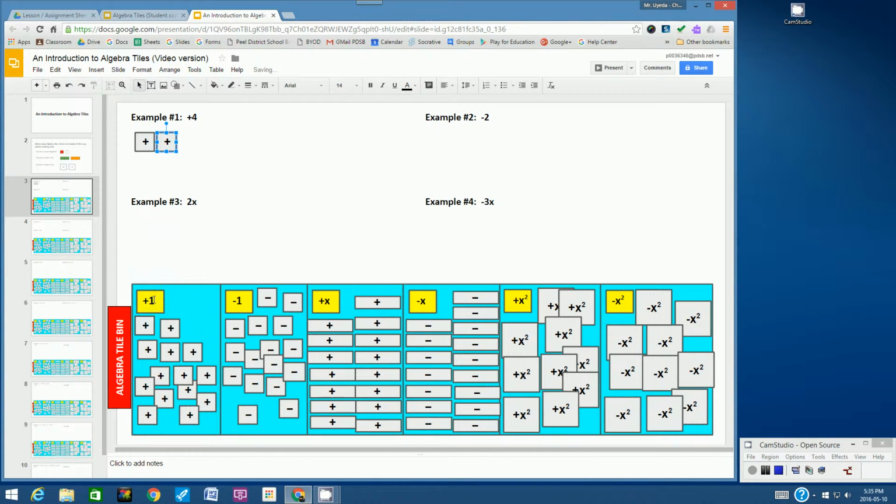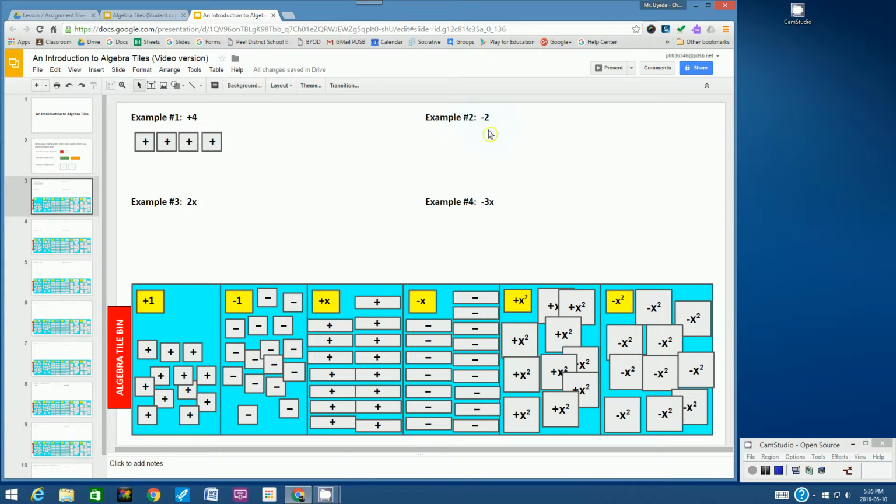You should probably get in the habit of arranging them in a fairly neat cluster. They can go horizontal, vertical, or in a 2 by 2 grid, as long as they're all packed together and easy to count. So it is very easy to identify that this is positive 4.